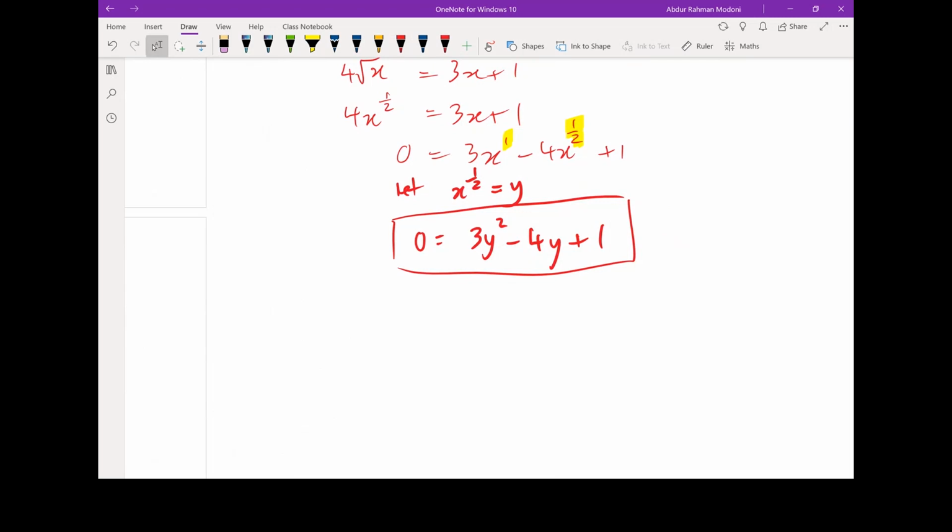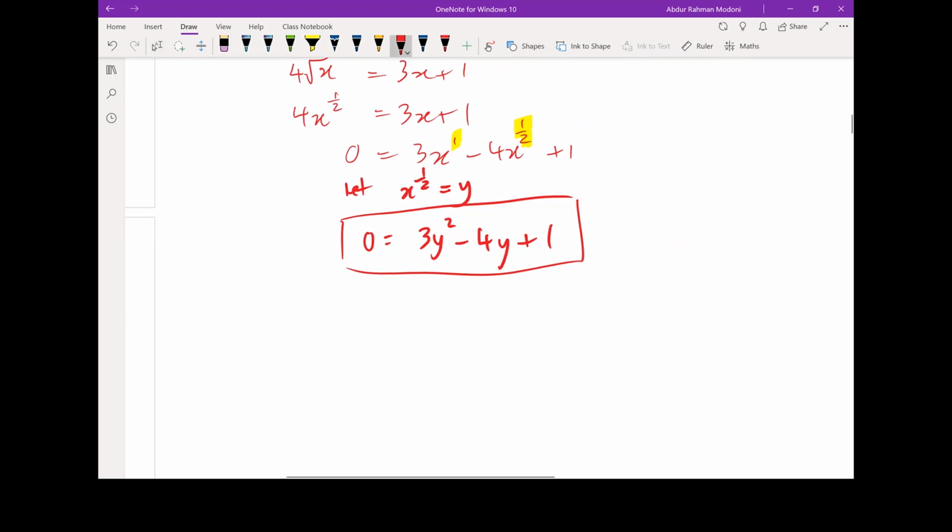We'll do it differently. I'll do it by factorizing. So I'm going to look for the factors of 3, minus 3 and minus 1. I'll factorize it using the AC method: 3y squared minus 3y minus 1y plus 1.